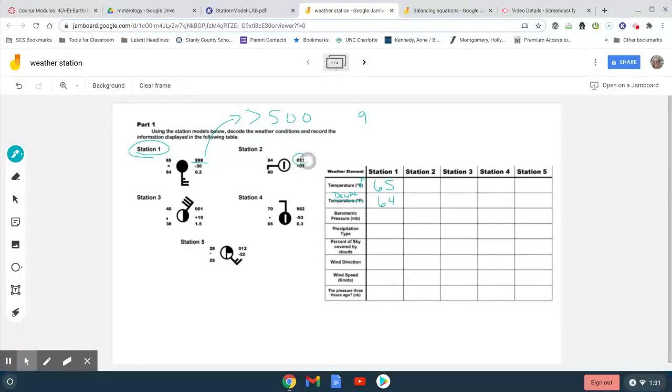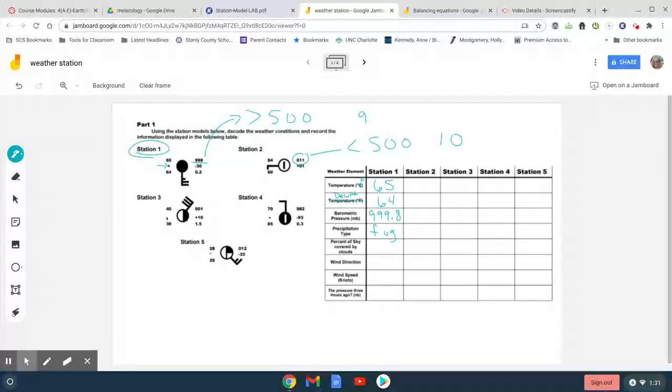If this number is less than 500, you're going to add a 10 and then put a decimal between the last 2 numbers. So for Station 1, it's greater than 500, so I'm going to say 9, then 99 point 8. You were given the 998, we add one more 9, put a decimal between the 9 and the 8. Precipitation type is right here. Equal marks, if you look on the other page, is fog.